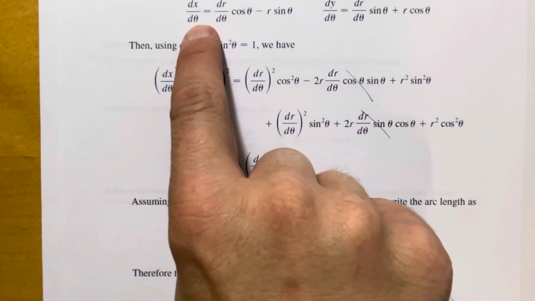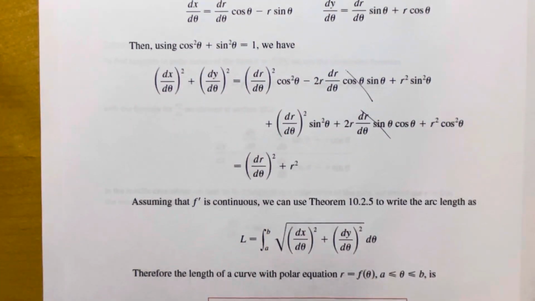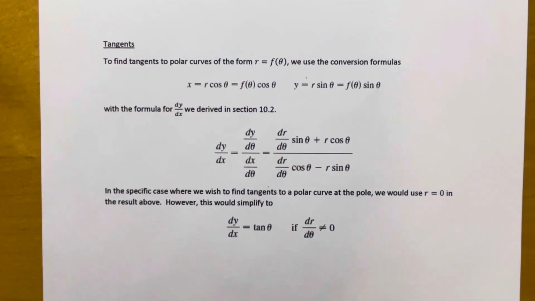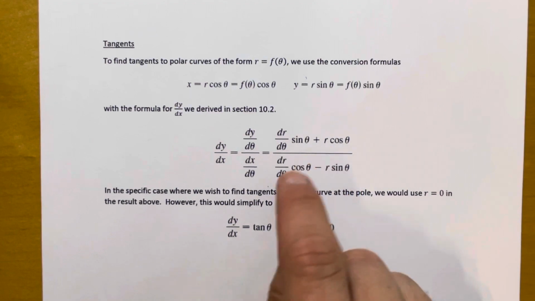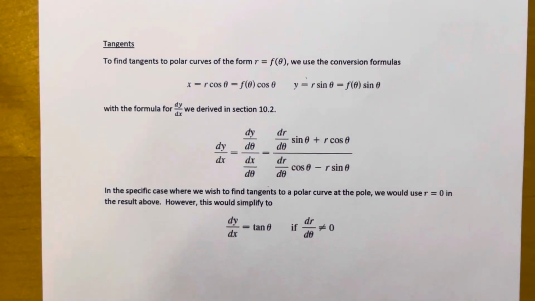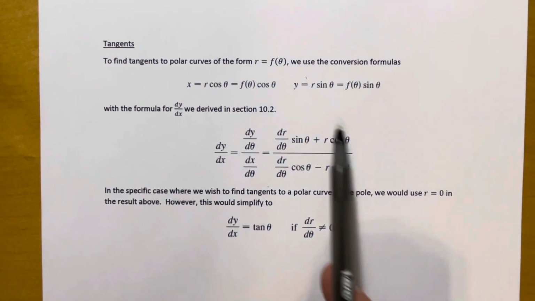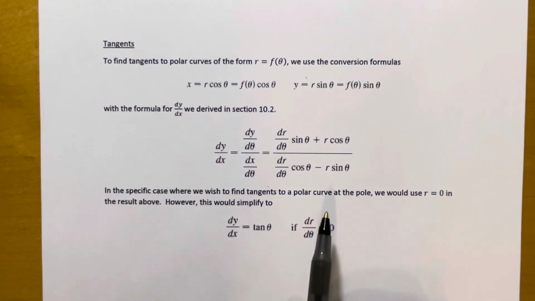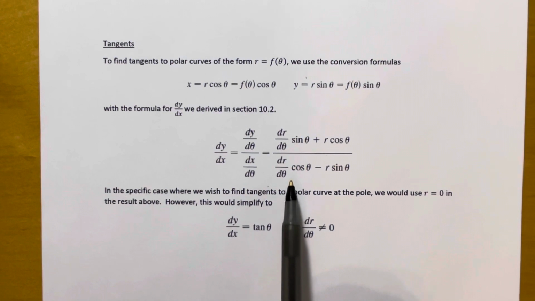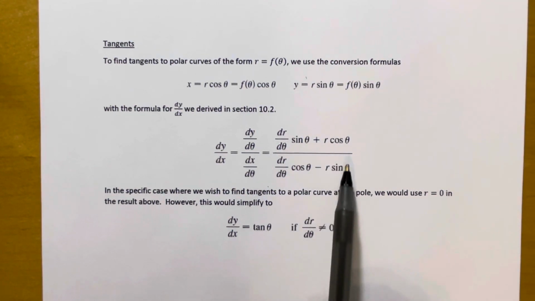We've already computed dx/dθ and dy/dθ. Remember, we needed the product rule when we did that. So those become the numerator and denominator. I know it looks like a complicated formula, but this big quotient right here is what we would use when finding slopes of tangent lines to polar curves.